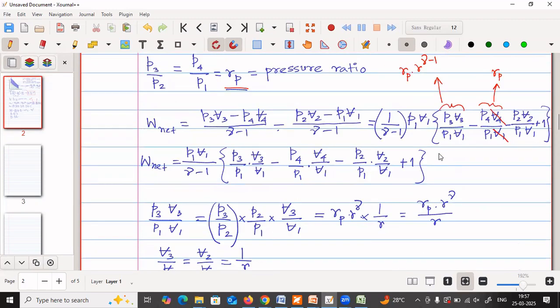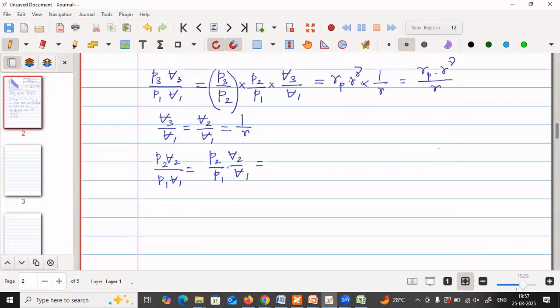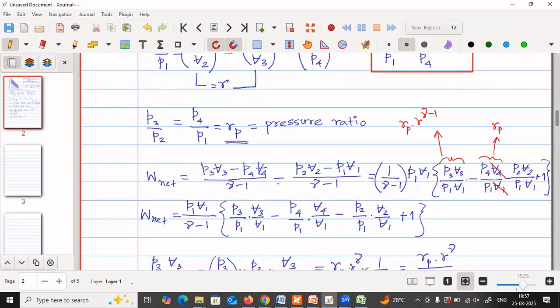So the first factor is R to the power gamma. And what is V2 by V1? It is again 1 by R. So it is R to the power gamma minus 1. The third term is basically R to the power gamma minus 1. And this is plus 1.